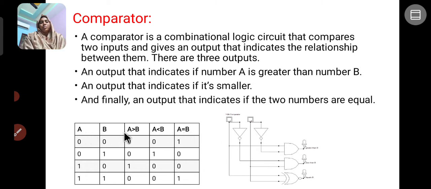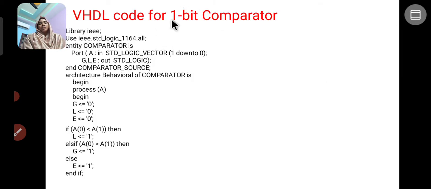Here we have 2 inputs and 3 outputs. The architecture gives the internal structure of the block diagram. So this is the VHDL code for the 1 bit comparator.